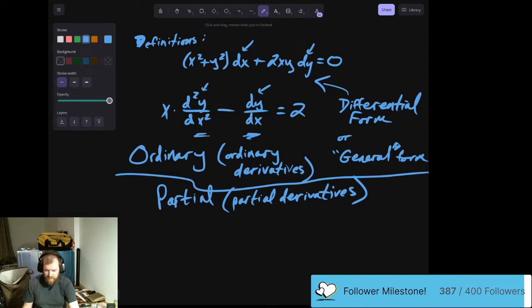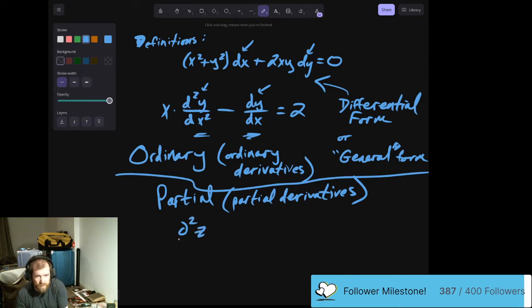So we can have multiple independent variables, and so that makes it a little bit harder to work with sometimes. Most of the time, let's be honest. But generally speaking, it's going to look something like this.